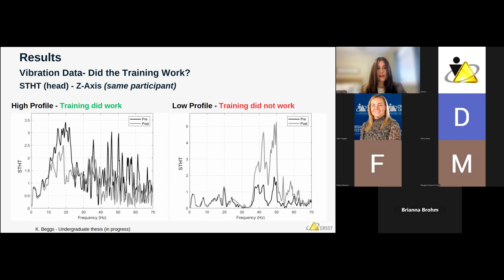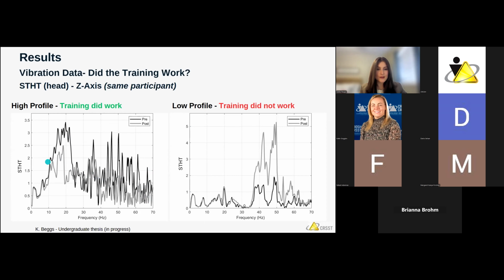And then we have something else that's really interesting. Not only are we seeing differences between participants, where it's working for some and not for others, but in this example I'm just showing the head, and this is the same participant with different profiles. On the left, we have a high vibration profile, and it shows that the training did work.